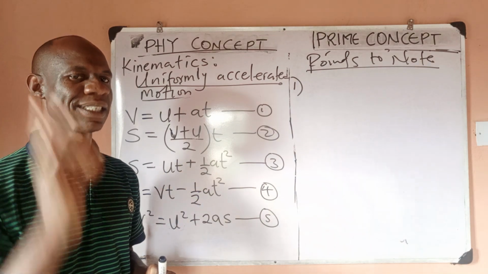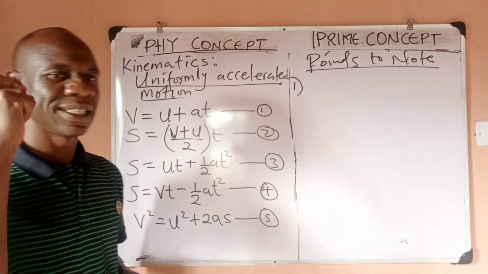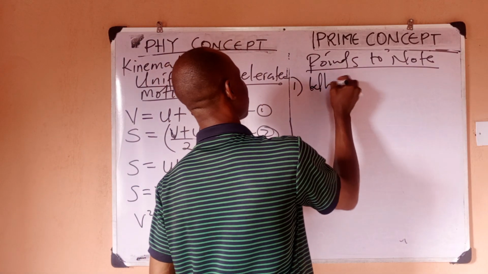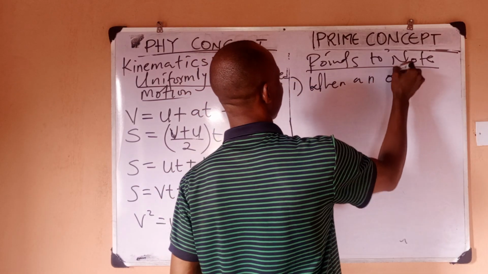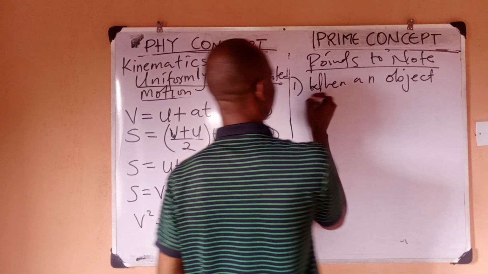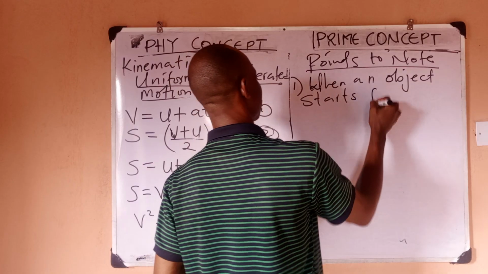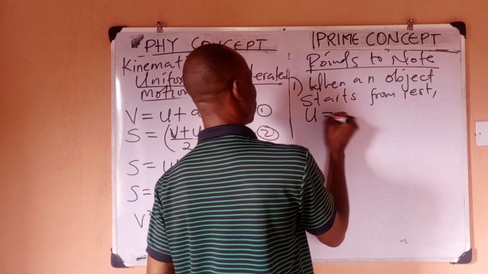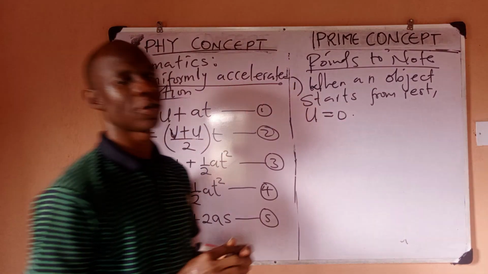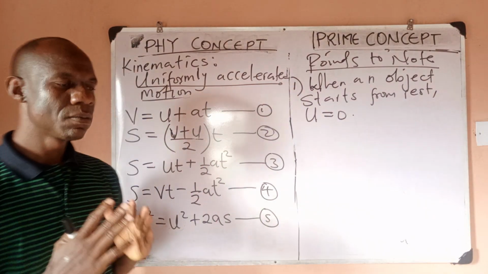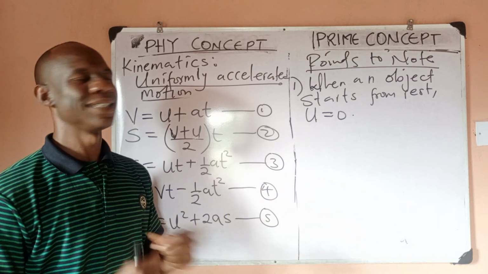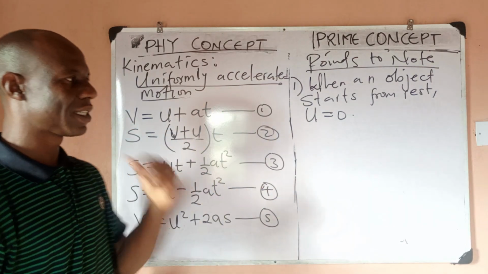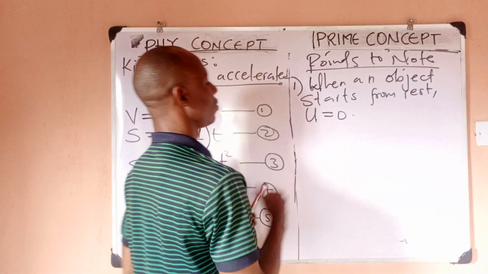The moment rest is mentioned, it means that the initial velocity is what? Zero. So when an object starts from rest, then u is zero. Please do not forget this. A car moves from rest. It means that initial velocity u is zero. So don't forget, from rest would mean that u is zero.